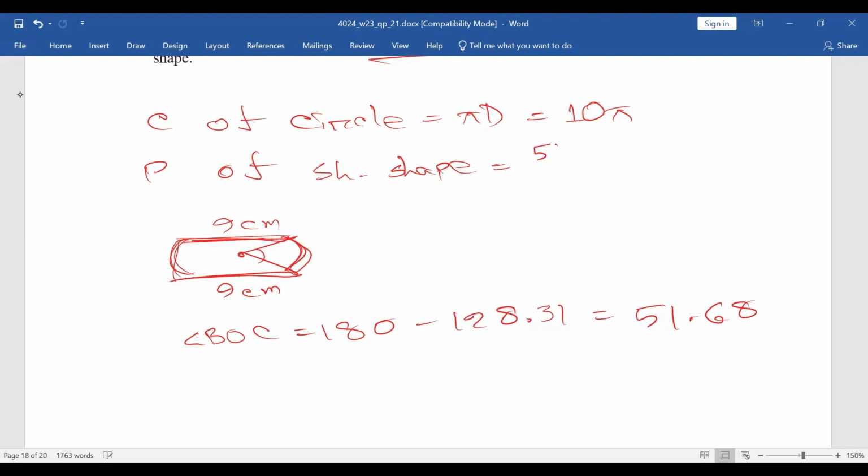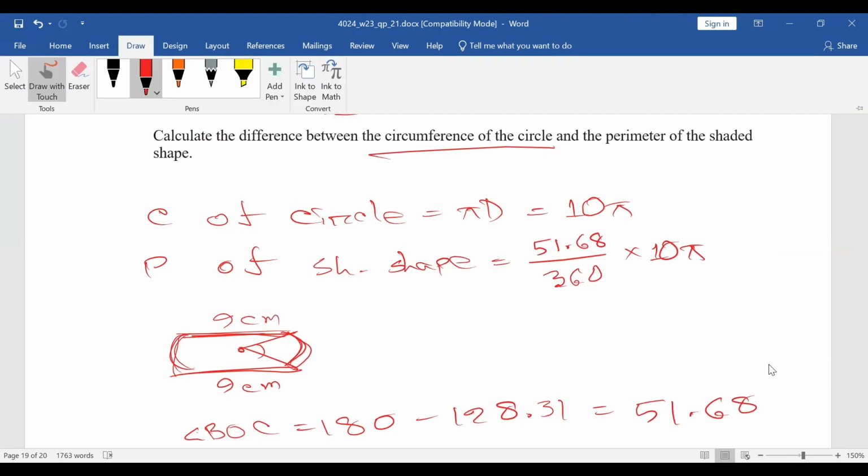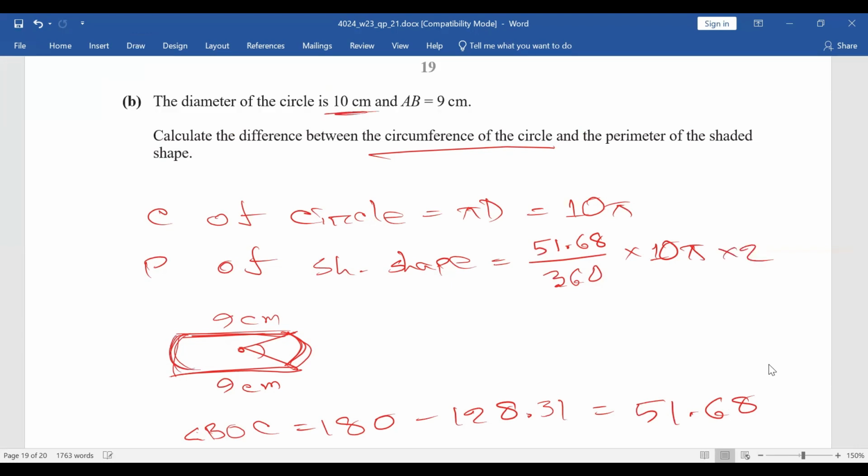Okay, we can find this arc length. It will be 51.68 by 360 times 2 pi r, or pi d. It is 10 pi. Okay, it is just one arc length. So if we multiply by 2, we'll get these two arc lengths, and we have to add 9 plus 9, that is 18.